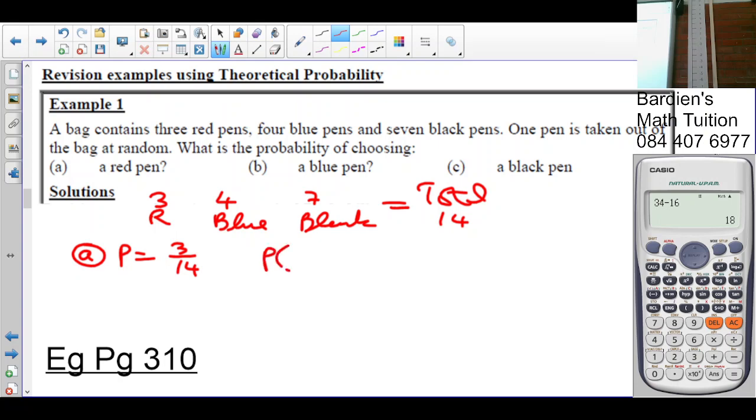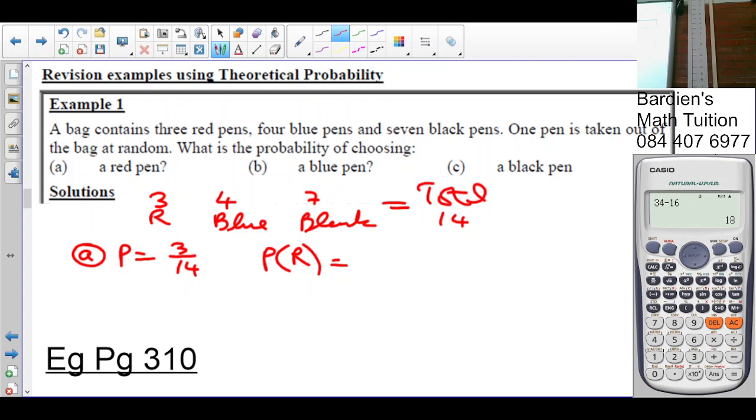Normally I write it as the probability of red. Why 3? Because there are 3 red pens. How many pens are in total? 14. Okay, you guys understand? Yes. So that is your theoretical probability.